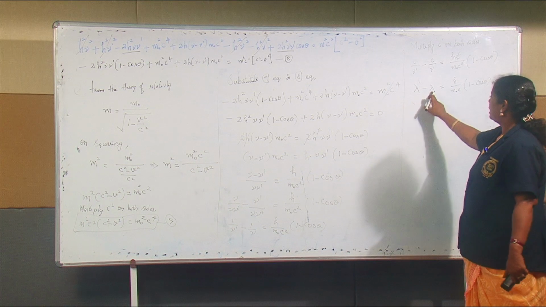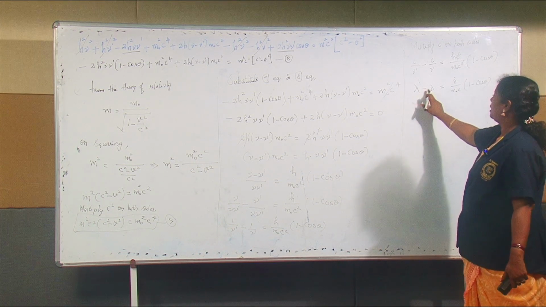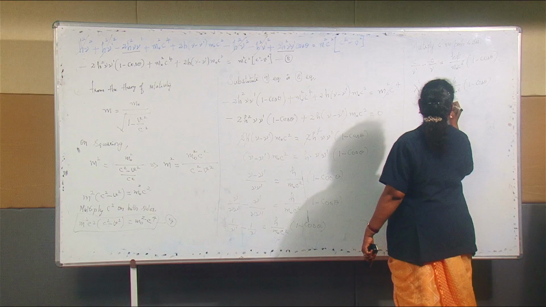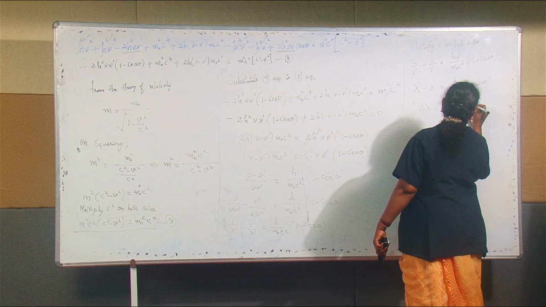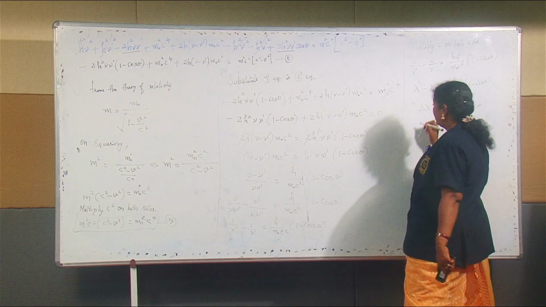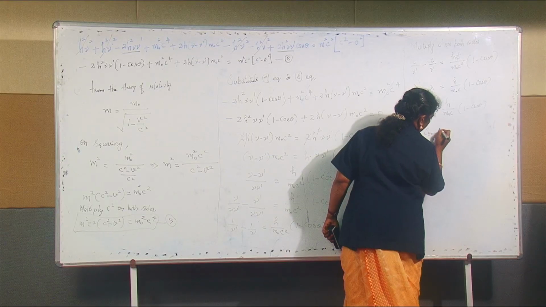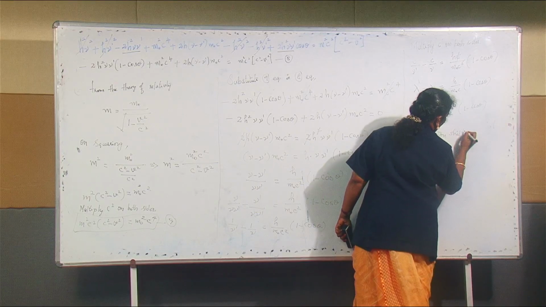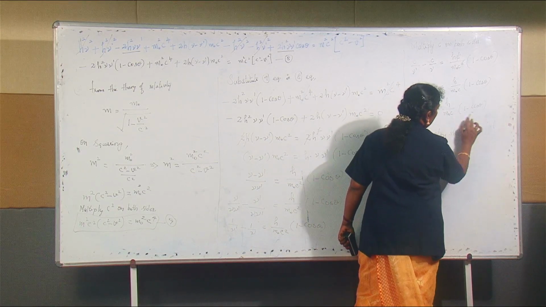So lambda dash minus lambda, the difference between the modified and unmodified radiation, is delta lambda. Delta lambda is equal to h by m naught c (1 minus cos theta). This delta lambda is called the Compton shift.